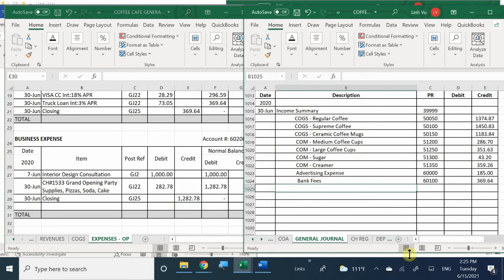Account number 6200, which in this case we're going to be crediting for 128278.